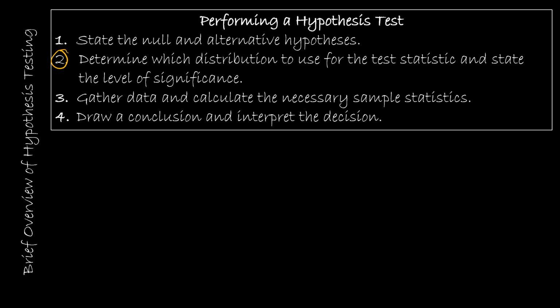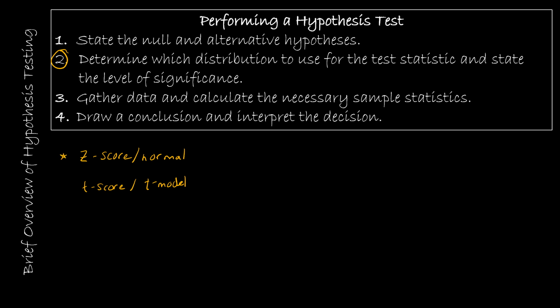If so, you're going to use a z-test or a z-score, and of course the normal model. Do you have a mean where sigma is unknown? Well, then you're going to find a t-score and use the t-model. If you have a proportion, you're also going to use a z-score.